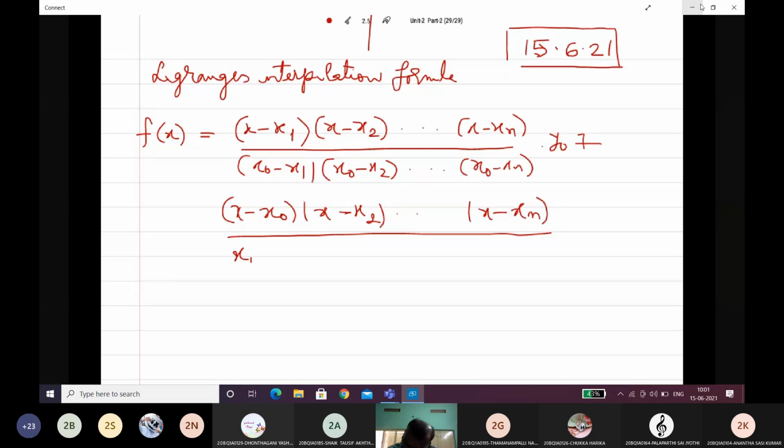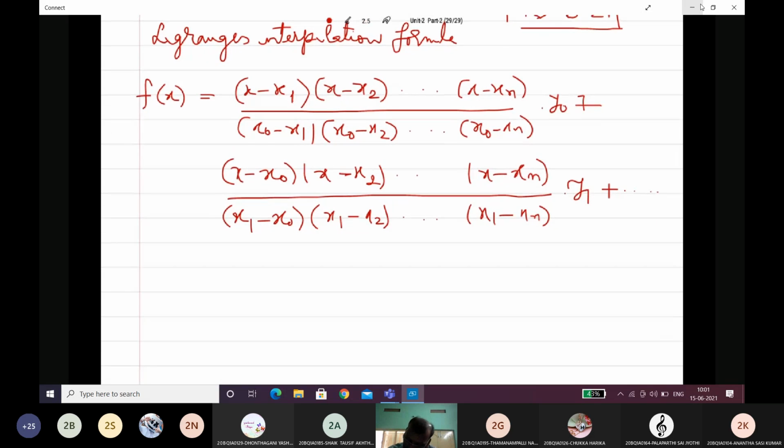Now from x1 we have to subtract each and every value in the denominator: x1 minus x2, etc., x1 minus xn into y1 plus so on.